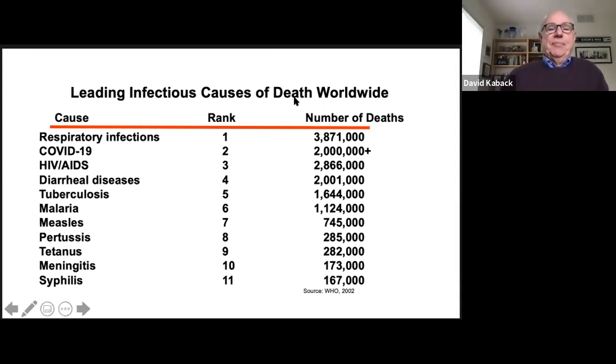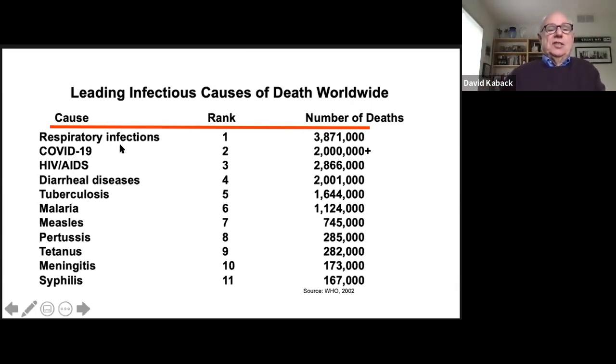You can see, by the way, that the statistics for respiratory infections used to be only about 4 million deaths per year worldwide. It's now, due to a single virus, up to more than 6 million, since COVID mostly affects the lungs, but COVID also has some other effects. It's a much more infectious disease that affects more than the lungs.